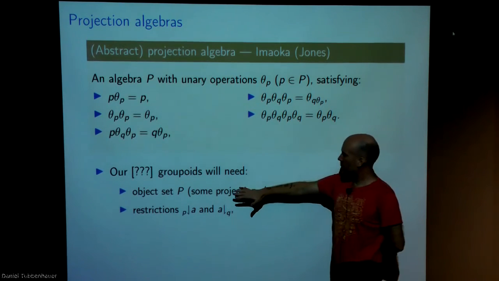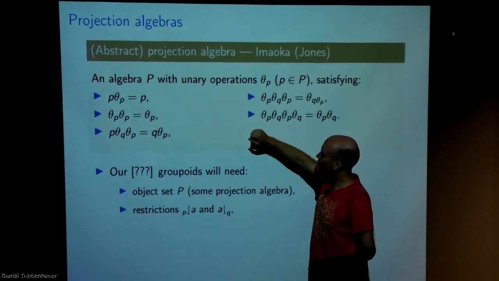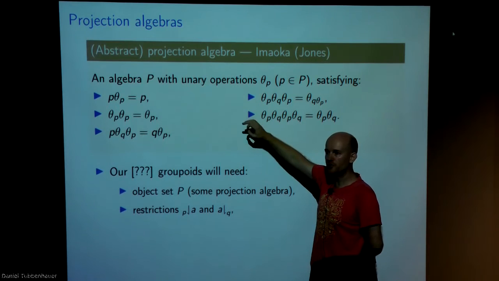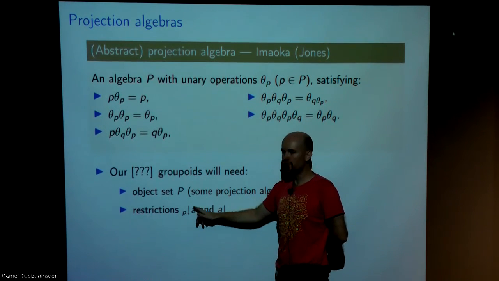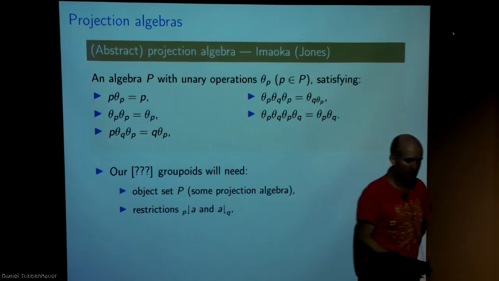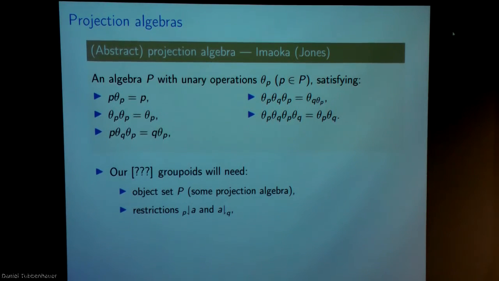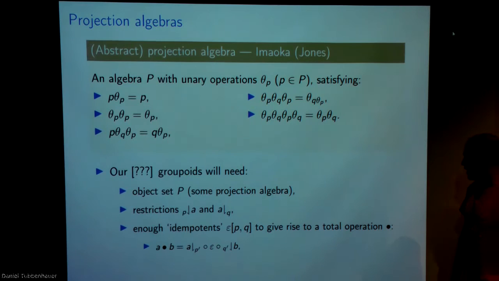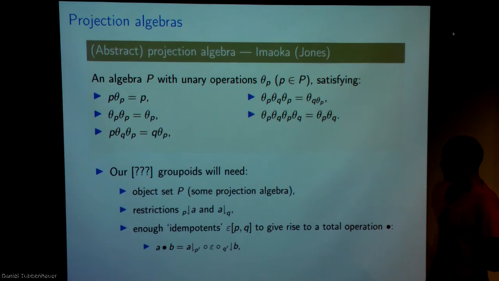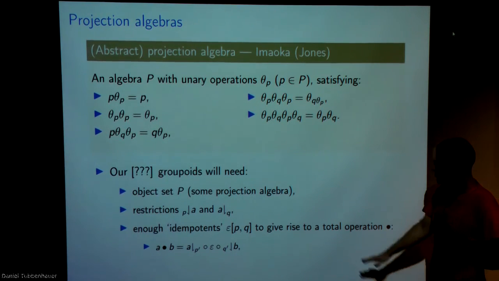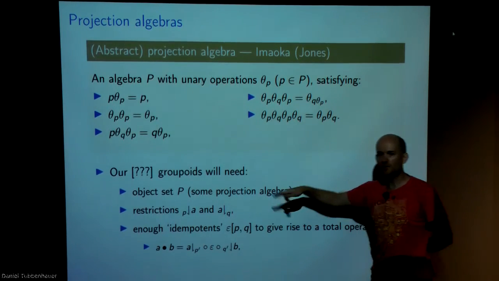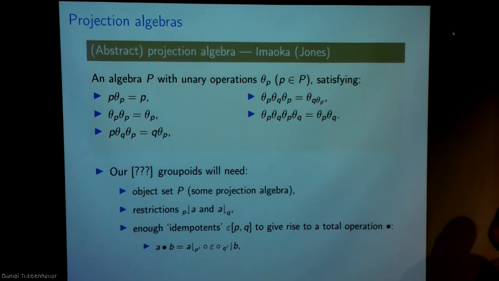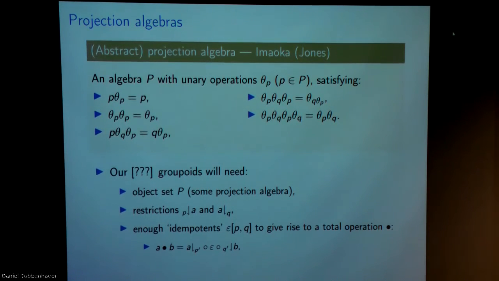So a projection algebra, it's not obvious from this, but there's a partial order that I'll put up in a minute. And whenever something is below the domain of A, we should be able to somehow restrict, likewise with the codomain. And there should be some way to find something here that plays the role of the idempotent epsilon from the case that we know we started with a regular star semigroup.